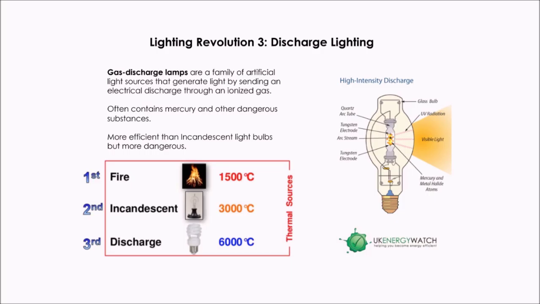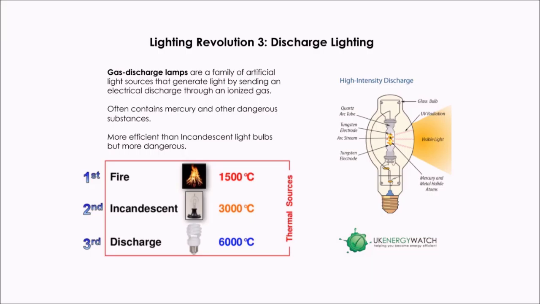So with fire, we take it up to about 1500 degrees C. The incandescent, we took up to 3000 degrees C. And discharge, which is our most efficient form of lighting before LED came on the scene, we got up to about 6,000 degrees Celsius, which is the same heat as the surface of the sun. So pretty difficult to increase the heat anymore.